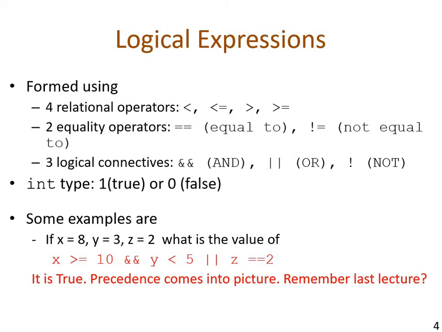x greater than or equals to 10 is false. And we have y less than or equals to 5, that is true. Or z double equals to 5 is true.